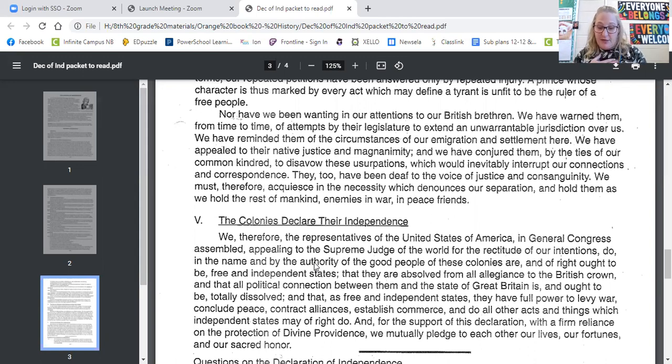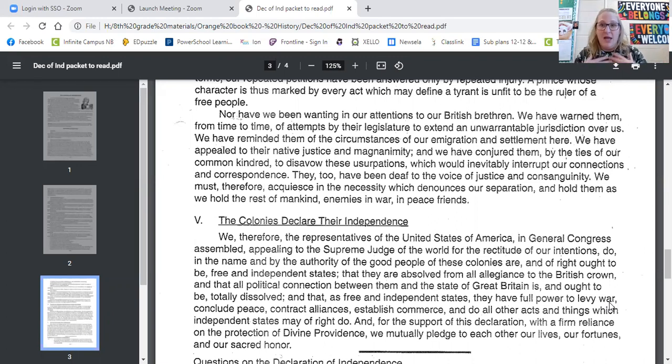And that as free and independent states, and since we are now free, they have the full power, highlight this part, full power to levy war, conclude peace, contract alliances, establish commerce, which is trade. You can stop highlighting now, and do all other acts and things which independent states may of right do. We're not together anymore.